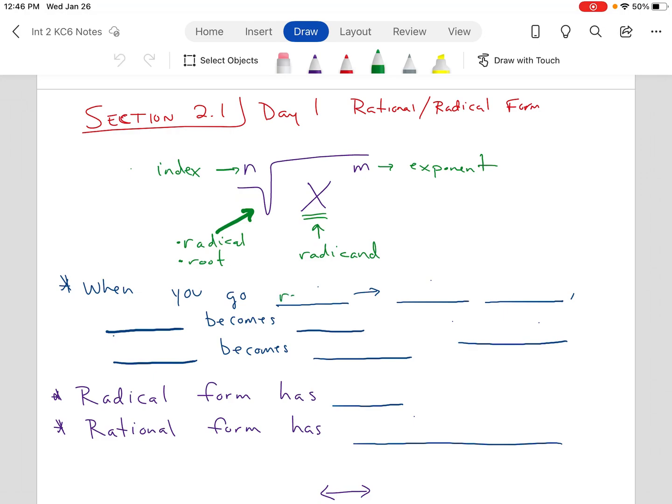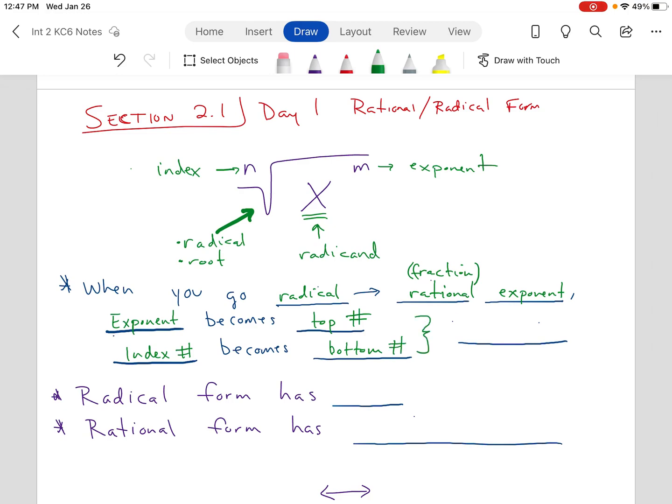Now, when you go from a radical to a rational exponent, okay, and rational just means it's a fraction, the exponent becomes the top number in a fraction, and the index number becomes your bottom number.